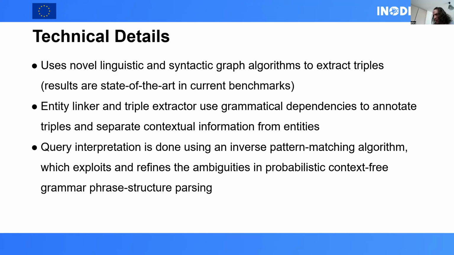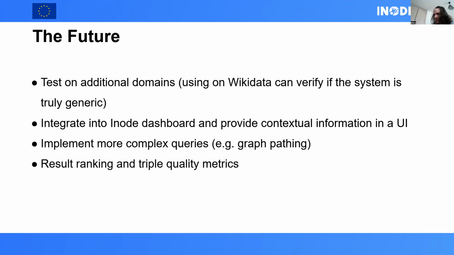As was shown in the annotated node slide, you can add contextual information or descriptors or other forms of contextual data from the natural language triple using the linguistic methods to extract them. And the query interpretation is done using some similar linguistic methods. Technical details are available if you require them.